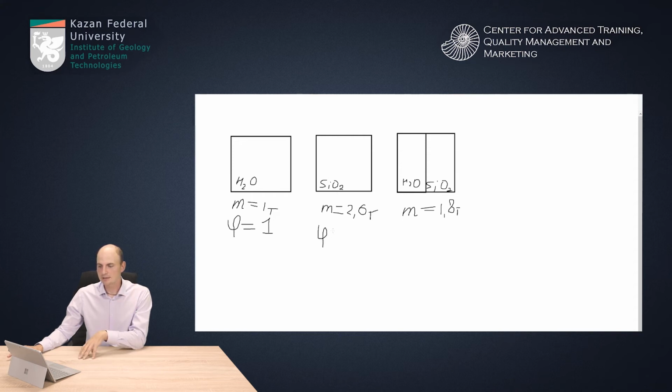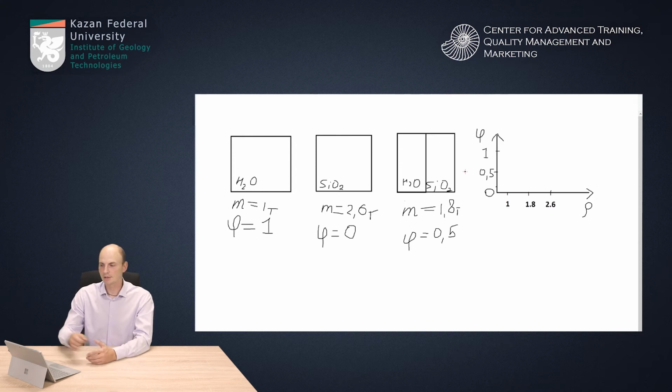In the second case, porosity equals 0, because we designed that model so we don't have anything except quartz. And the porosity of the third case is equal to 0.5 or 50%, because half of the volume is filled with water and half with quartz.